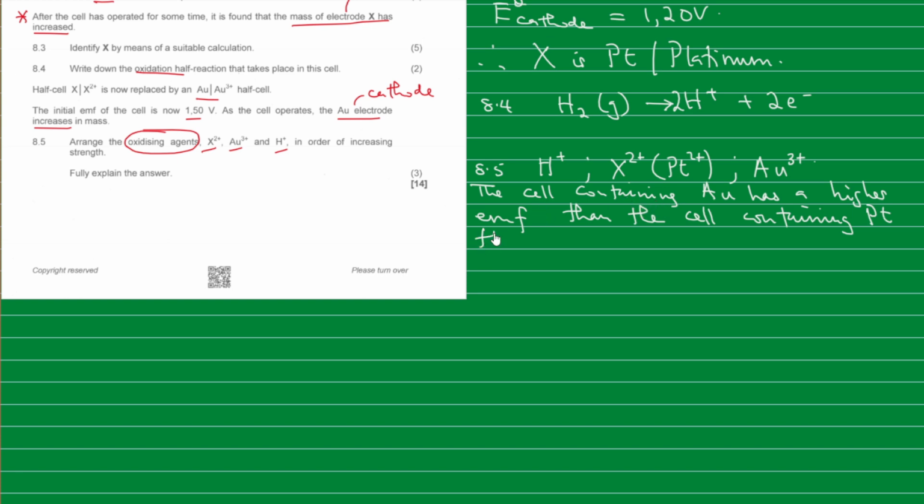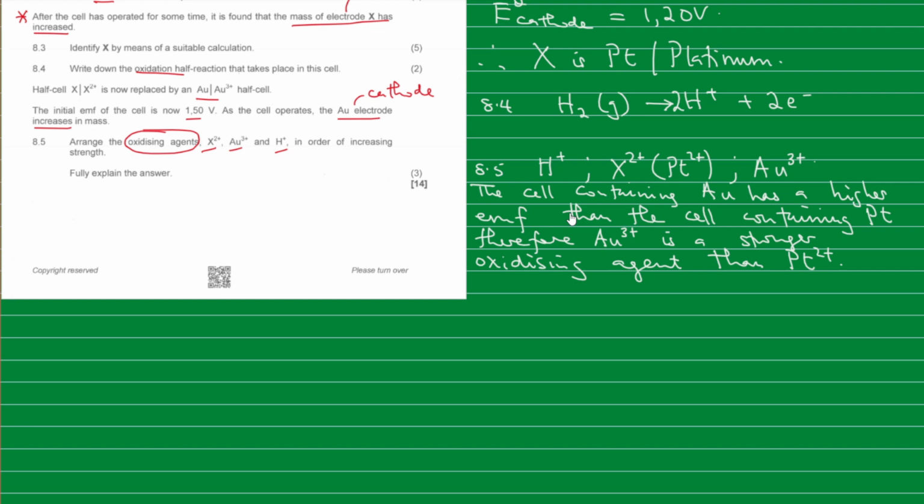Therefore, Au3 plus, these gold ions, Au3 plus is a stronger oxidizing agent than Pt2 plus. Okay. That will explain the answer to that.